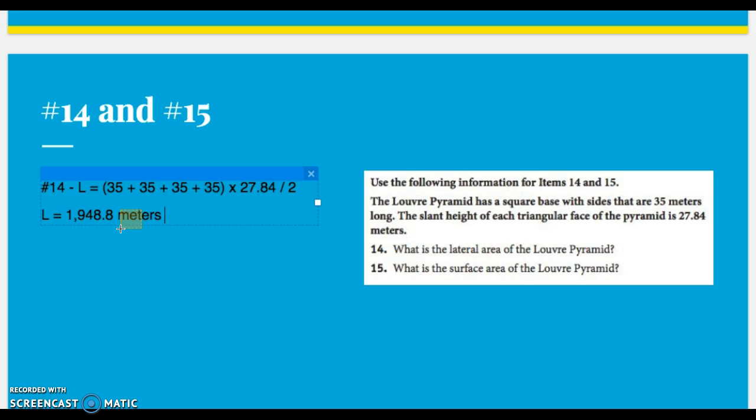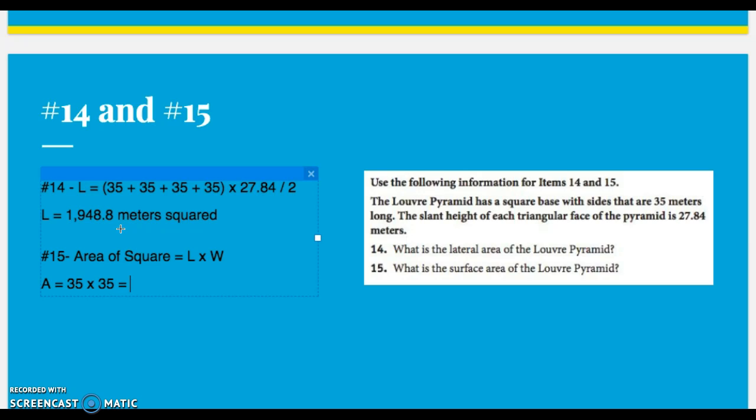1,948.8 meters squared. All right, so then number 15, our area, so we have to find the area of the square base, which is length times width. So if one of the sides is 35, you just multiply it by 35, because length times width, you're going to have the same thing in a square because all sides are the same.